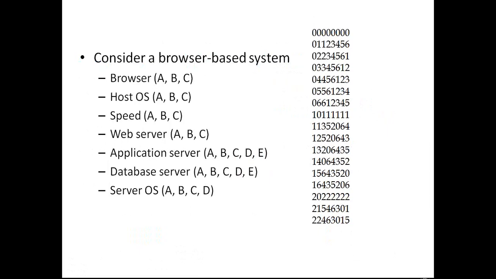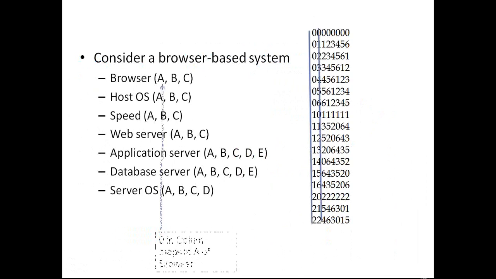How do we use this orthogonal array for the combinations that we have? What we do is we look at the first column and we try to map the first column to the first variable, which is your browser variable.